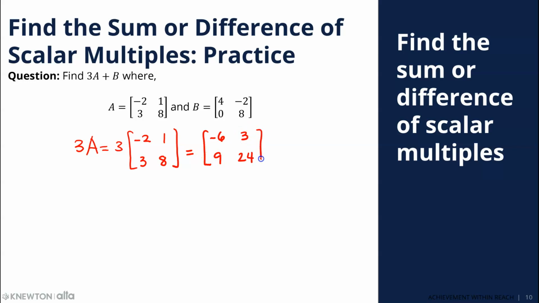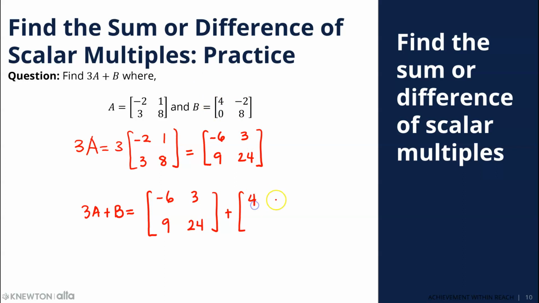So just multiply each element in A by 3. Then after that, you add the matrix 3A to B. So the matrix 3A is negative 6, 3, 9, 24. Then add that to matrix B. This is your matrix B, so you just copy that.